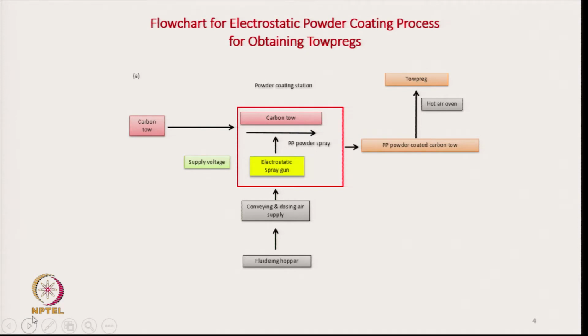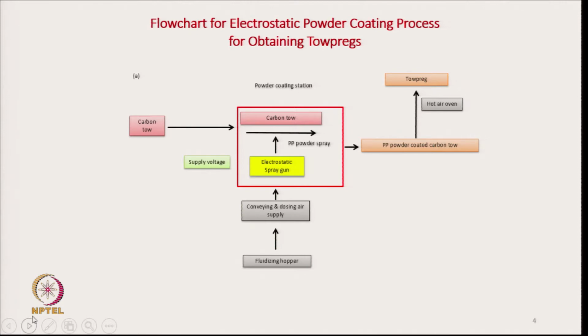Here in our present setup we have used carbon fiber tow as the reinforcing material. So, here the carbon filament tow is used, which is entering into the powder coating station, where powder is being supplied through a fluidizing hopper and electrostatic spray gun.